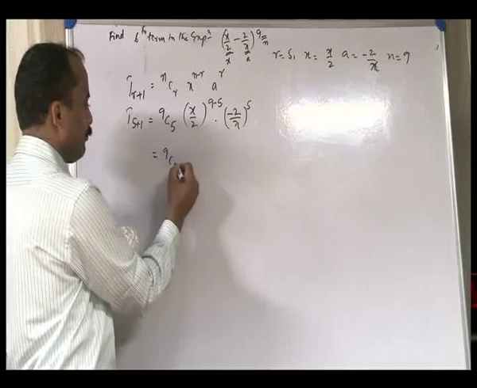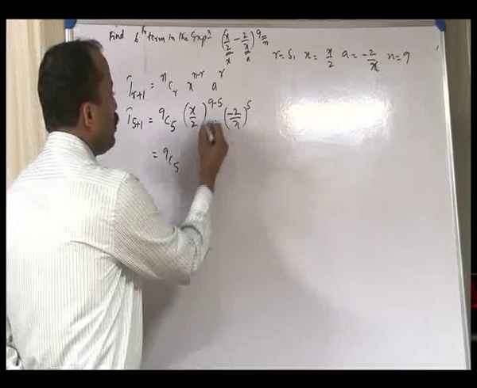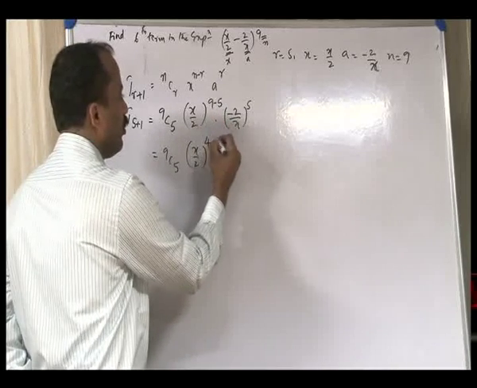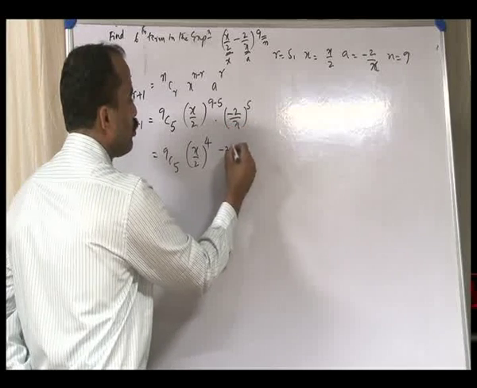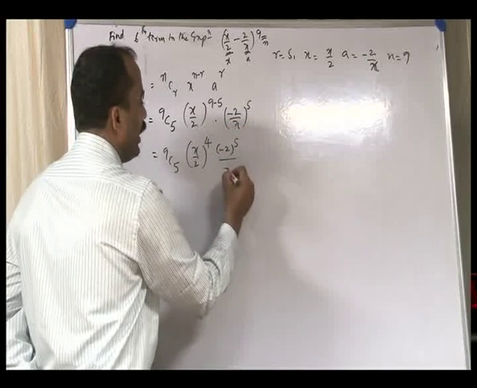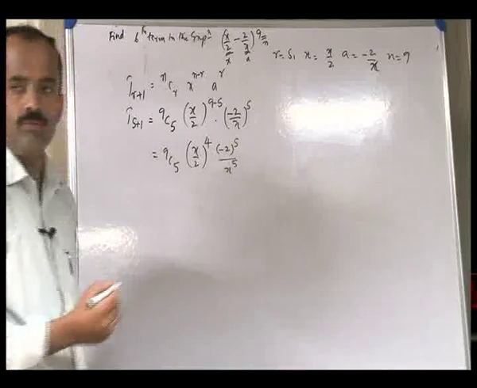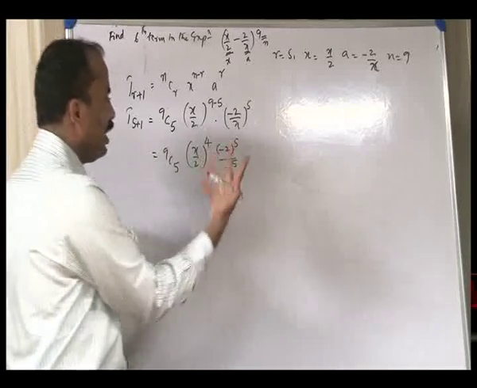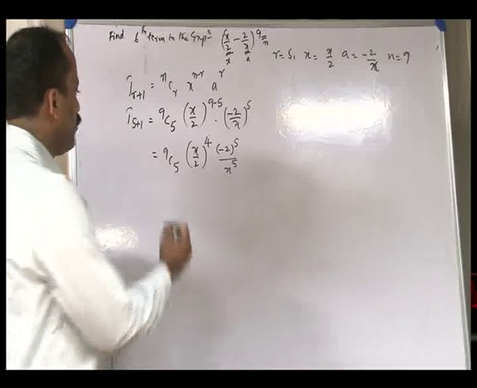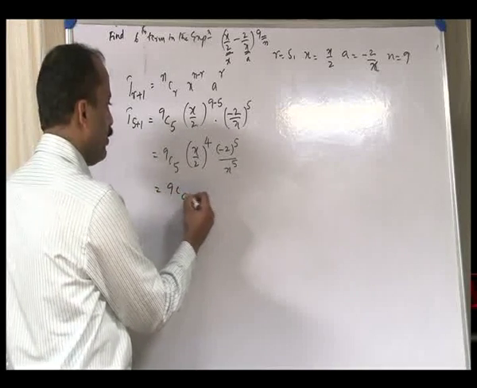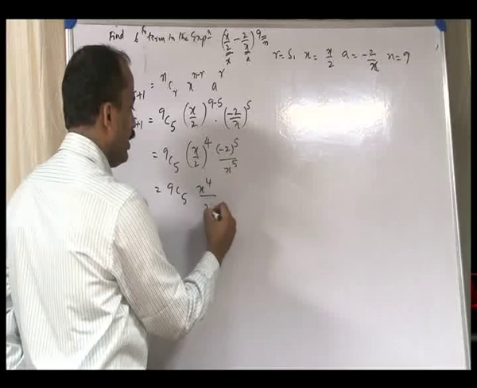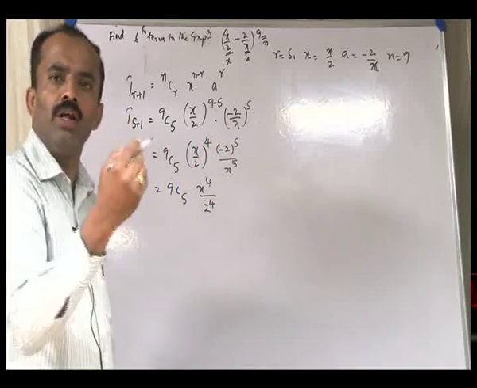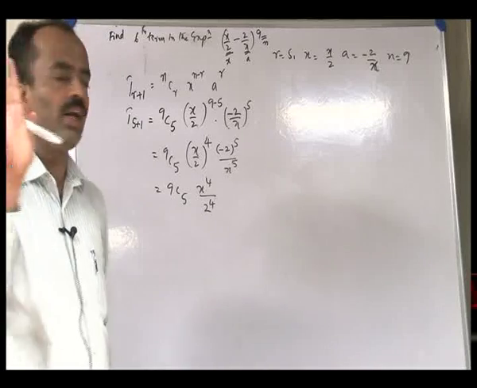9C5 as it is into (x by 2) whole to the power of 9 minus 5, which is 4, into minus 2 to the power of 5 divided by x to the power of 5. Or even this one we can directly write as x power 4 divided by 2 power 4. 9C5 x power 4 divided by 2 power 4 into, see, minus 2 power 5 is minus multiplied 5 times, which is again a minus.